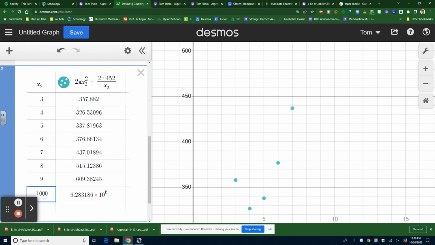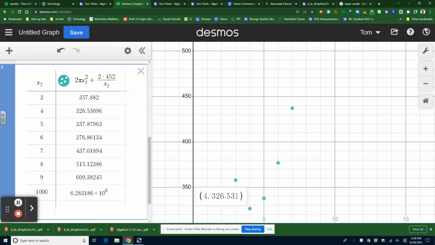Why? Because if I could theoretically make my radius as big as I wanted to, shouldn't my surface area be even bigger and bigger and bigger? So it dips down and you have a minimum right here. When it's a radius of 4, you have a relatively little amount of surface area, 326. But once you go up to 5, it's going to bounce up and get really big really quickly.